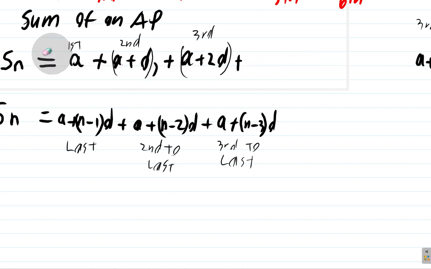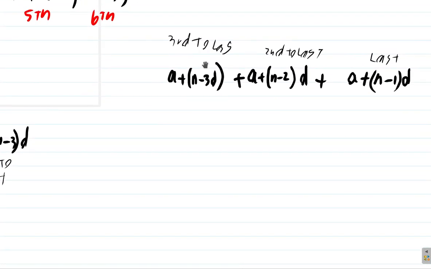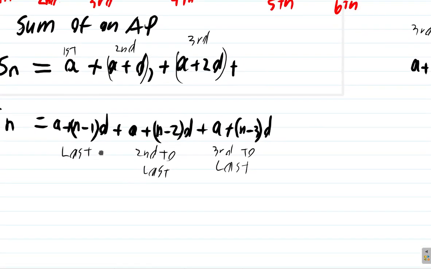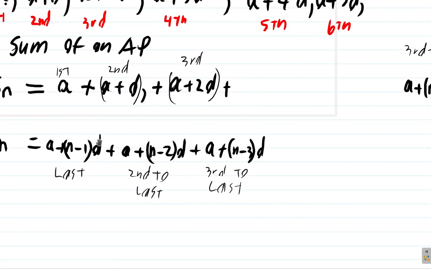But you get the idea. Then he leaves out some, then the third to last, fourth to last, and the last. The third to last, second to last, and the last term. So here, we switch these around. The last term, second to last term, third to last term.